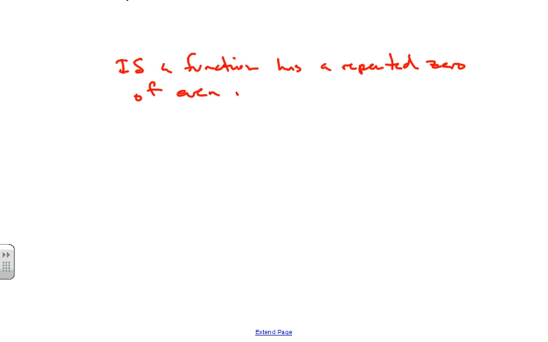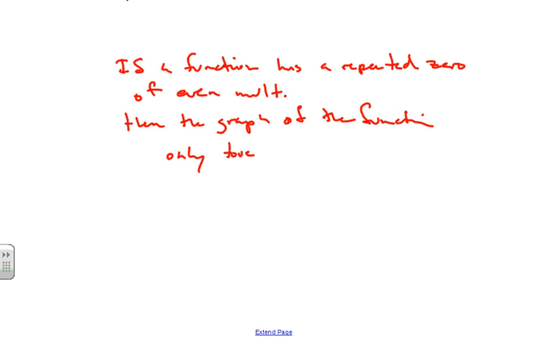And one final statement that we want to see is: if a function has a repeated zero of even multiplicity, then the graph of the function only touches the x-axis at the point, but does not cross it.